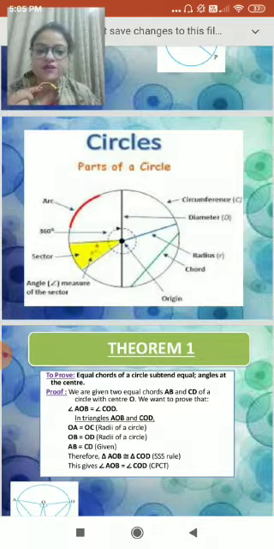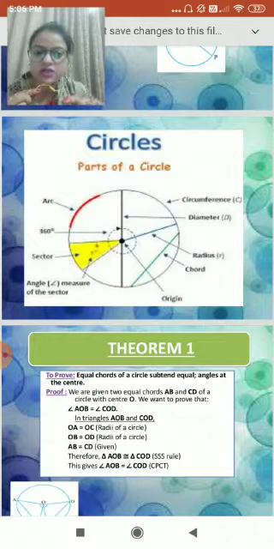First, the outer structure is called the circumference of the circle, and a small portion on the circumference is called the arc, which is marked in red. The center of the circle has a dot, which is called the origin, and when a line passes through that center and touches the circumference of the circle, it is called the diameter.